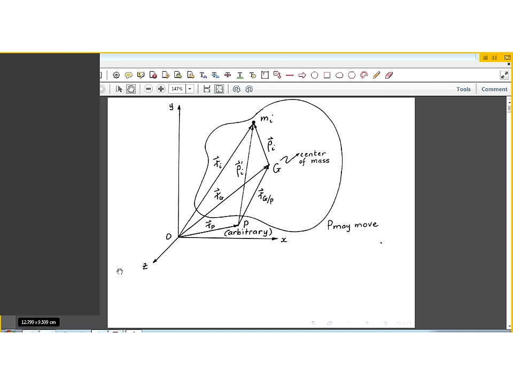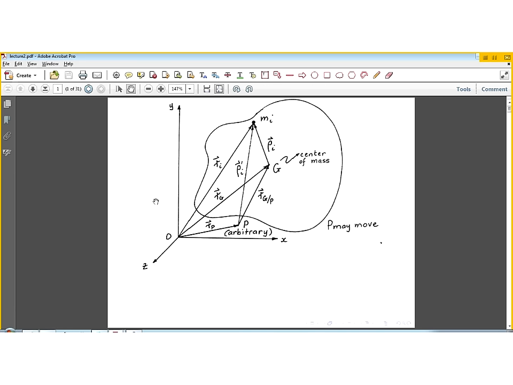Now, to address this, we need to start by defining a system of notation, an axis system, and so forth, and this is shown on this slide. So at this point, let me close off the video, and let's look at this system of particles, which is indicated by this funny shaped body on this slide.